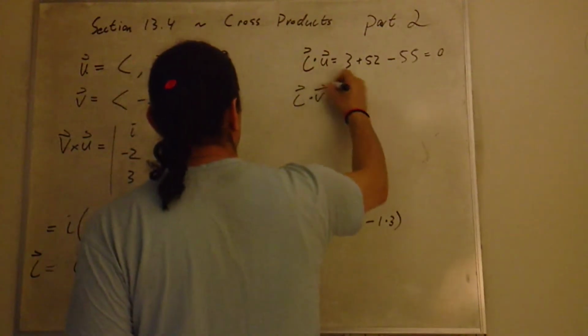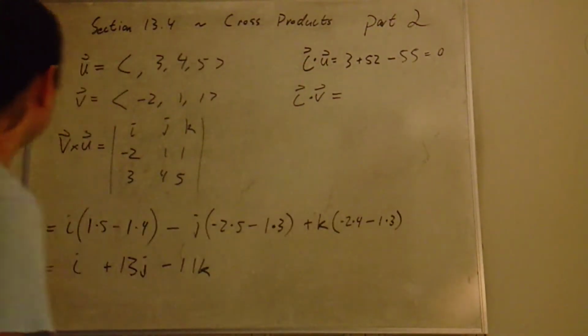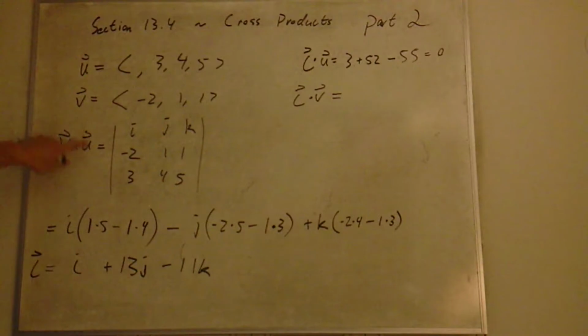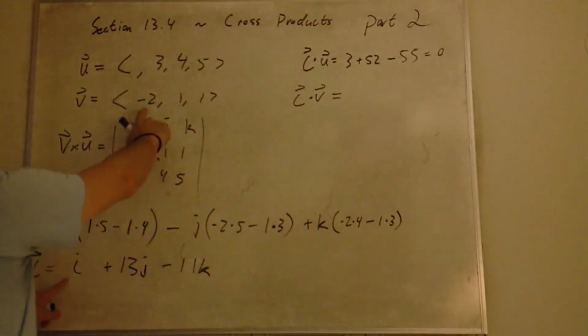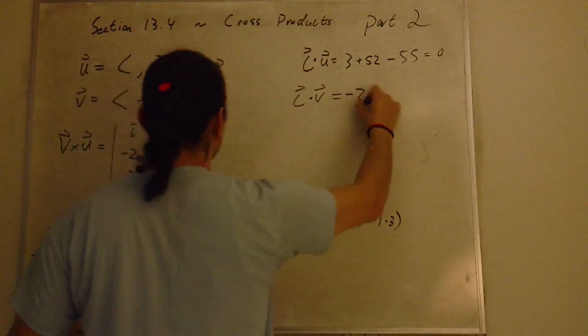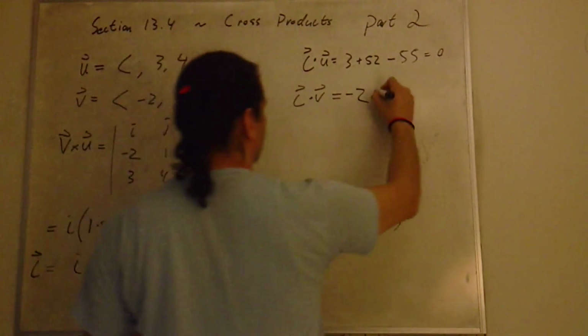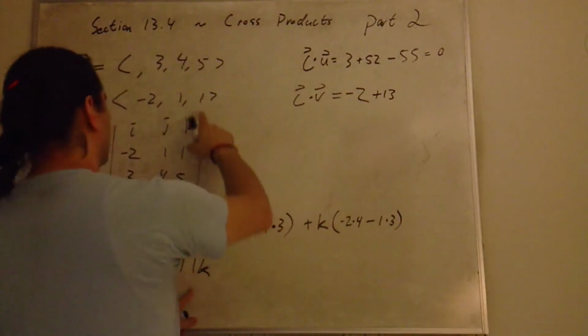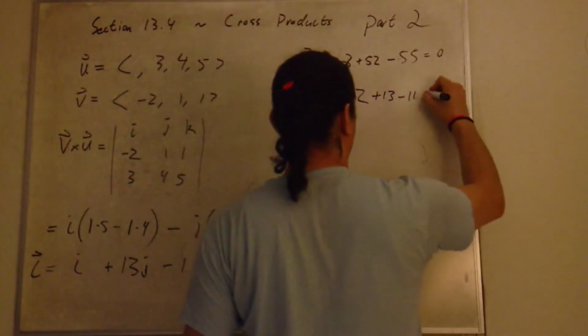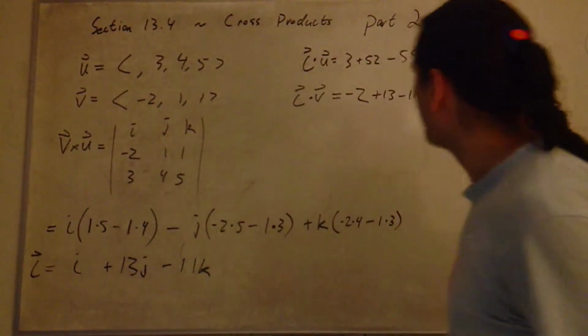C times V is 1 times negative 2 is negative 2 plus 13 minus 11 equals 0. Perfect.